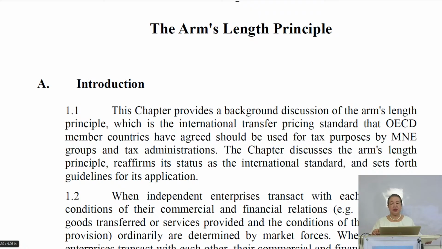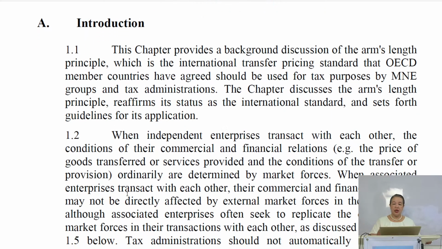The OECD transfer pricing guidelines is the basis of the Philippine transfer pricing guidelines, which is Revenue Regulations 2013. But since the 2013 regulations were made prior to the 2017 guidelines, they use the 2010 transfer pricing guidelines as the basis. There are changes or updates in the 2017 guidelines, just like the documentation.